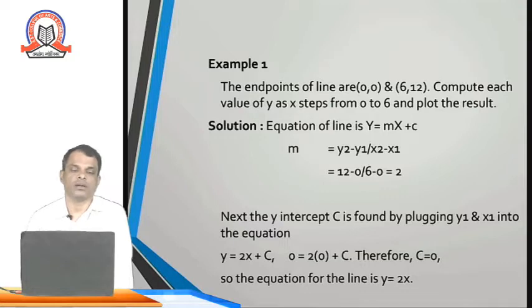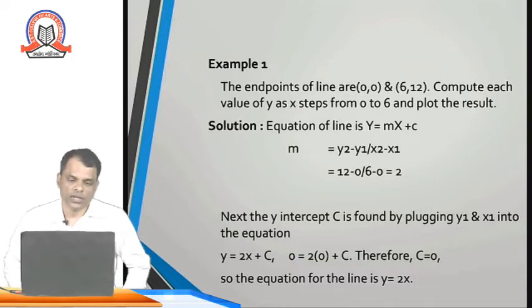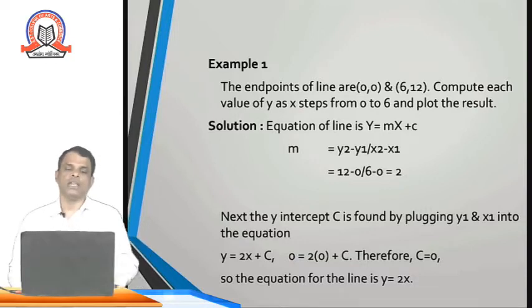As initially written, our start point is 0, 0 and end point is 6, 12. So any of these values we can use. So I am using 0, 0 over here. If I put x is equal to 0 and y is equal to 0, then I will get c also equal to 0. Now if I put this c value and m value in my original equation, what I get is y is equal to 2x plus 0, that is y is equal to 2x.